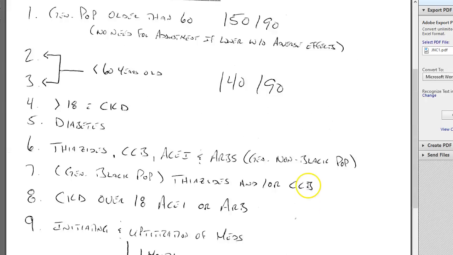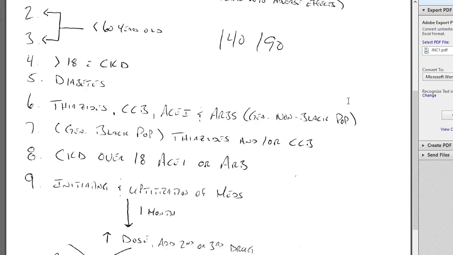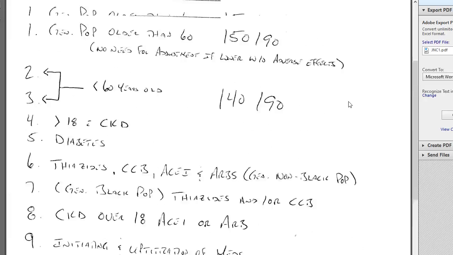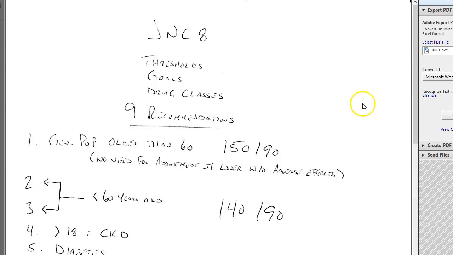So that's basically the highlights of JNC8 in a nutshell. So still look at the PowerPoint that's open, but this really are the highlights and again the main things to remember with JNC8.